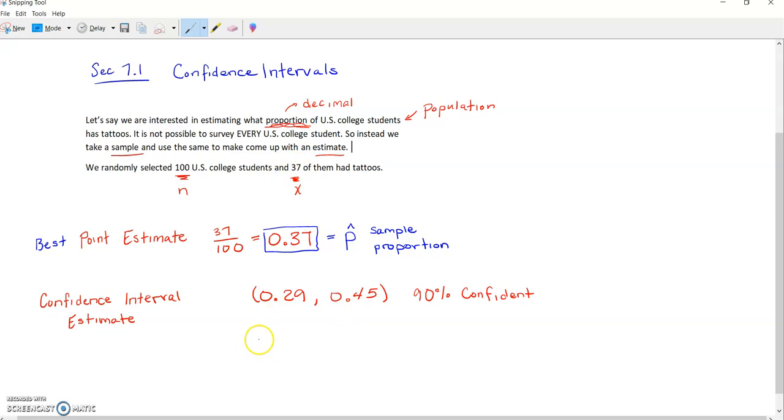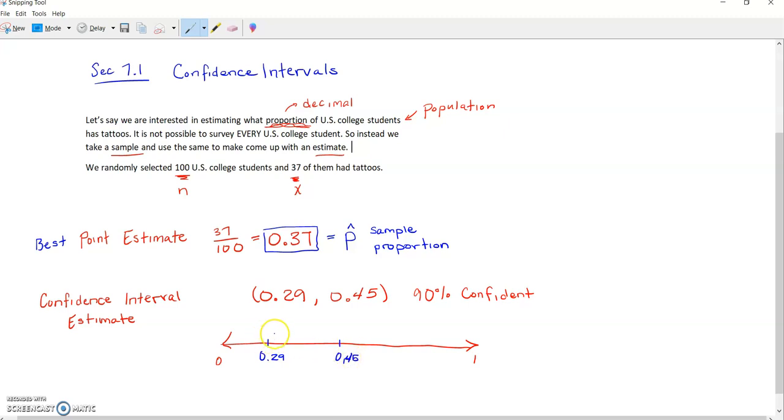This range, if I put it on a number line, here's 0 way down here and 1. We're going from 0.29, I'm just estimating, we'll say that's here, up to 0.45.